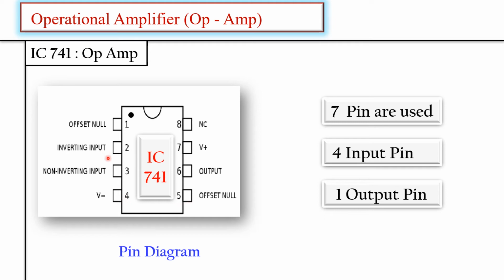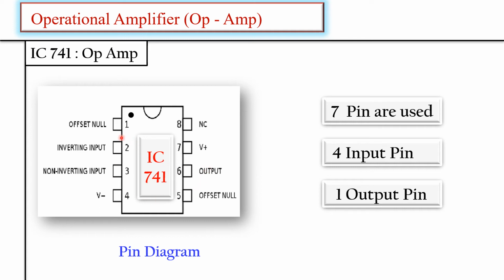Pin number 2 is called the inverting input and pin number 3 is called the non-inverting input terminal. Okay, so this is the pin diagram of op-amp IC 741. For practicals we will be using this IC.